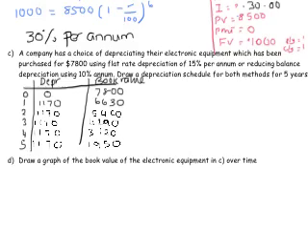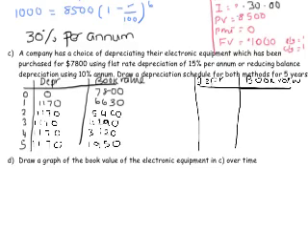Next one is we're going to look at reducing balance depreciation using 10% per annum. Remember, with reducing balance, the depreciation is not the same every year, it's going to be different. And book value.